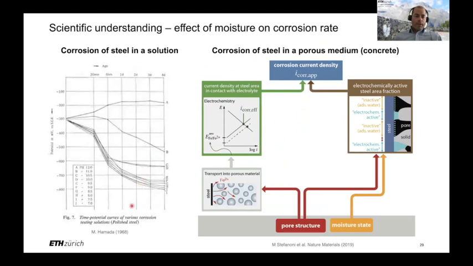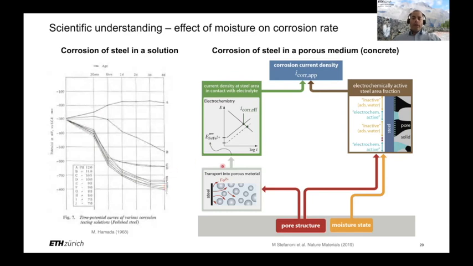Already a long time ago, a study from Japan showed that steel would corrode in carbonated concrete because when testing steel in a solution and decreasing the pH, the potential of that steel would go down, which indicates that the steel would corrode. If the same steel is in concrete with also a low pH, it doesn't necessarily mean that the steel would corrode, because for corrosion we do not only need a low pH, we also need the presence of liquid water or moisture at the steel surface.